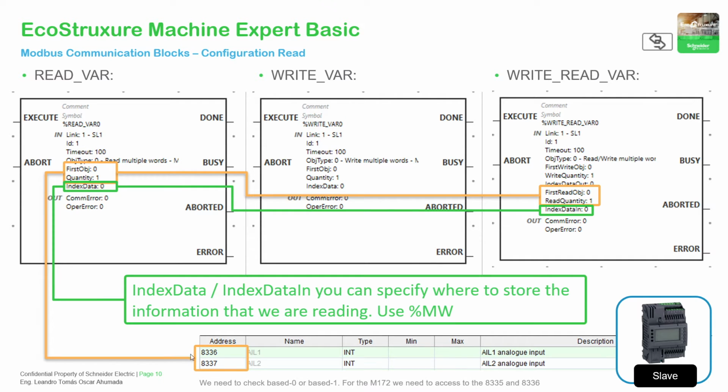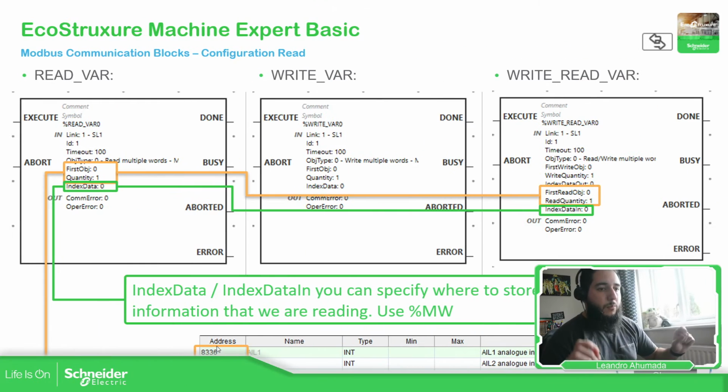In our case, it will be this one. Here is something important: we need to check if it's base 0 or base 1. Otherwise, you will need to subtract or add 1 to the address that you have in there. You can test that on the communication. In our case, with the M172, we need to subtract 1 from the address in order to communicate.